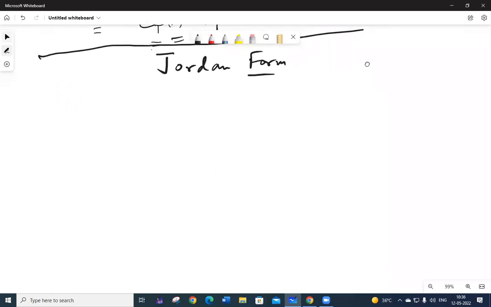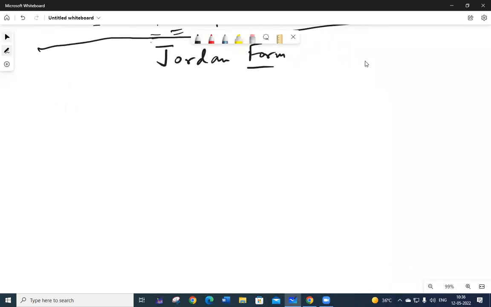See here, for that we are now defining something. T is a linear operator, V is a finite dimensional vector space, say the dimension of V is n.